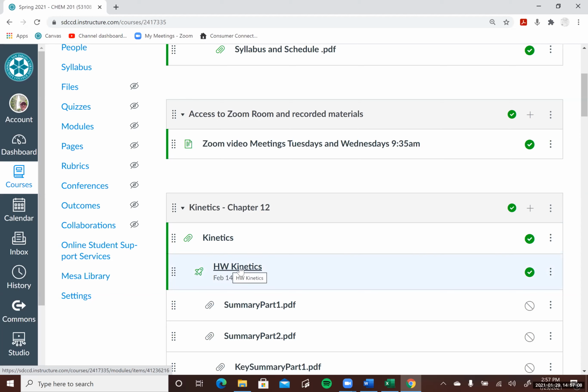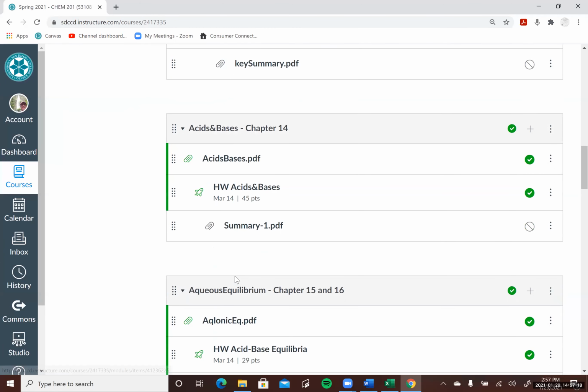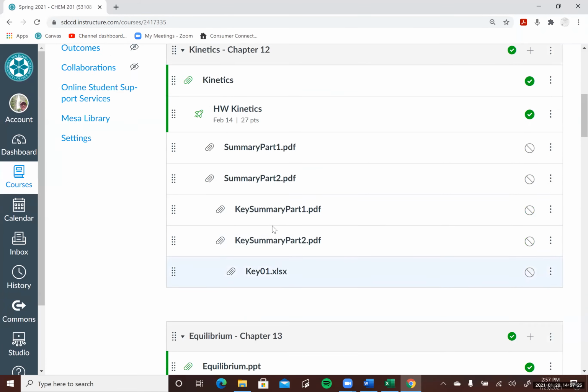Right here is your homework, and it tells you the due date for that homework, which coincides with the schedule. That's the first chapter. The next chapter is equilibrium and so forth, and they all have an associated homework with them and notes.